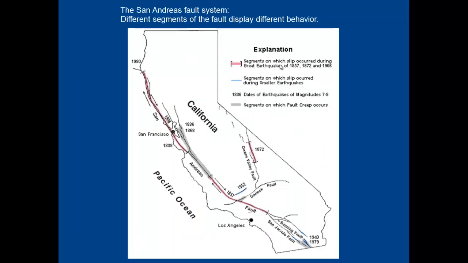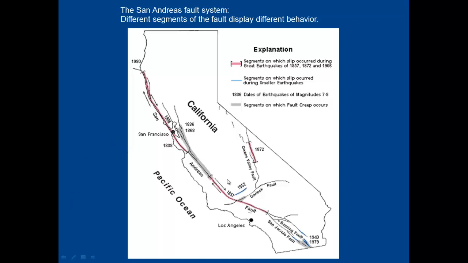If we zoom in on the San Andreas Fault, we can see evidence of this transform energy continuing over time. This is a map of the San Andreas Fault system throughout California, and we can see that there are segments that slip at certain times while other segments don't.